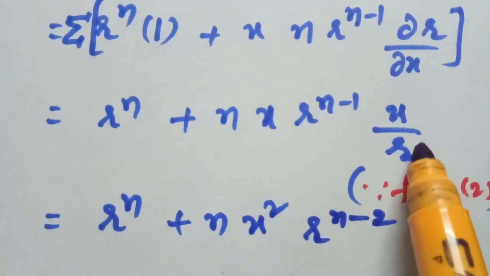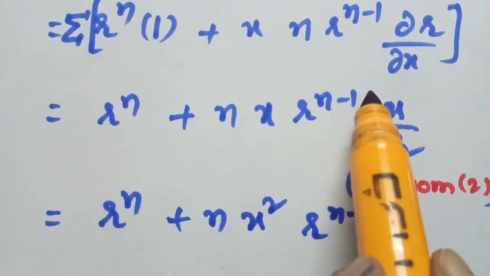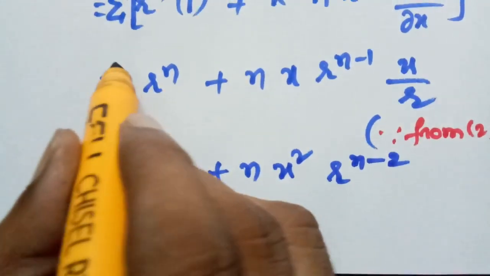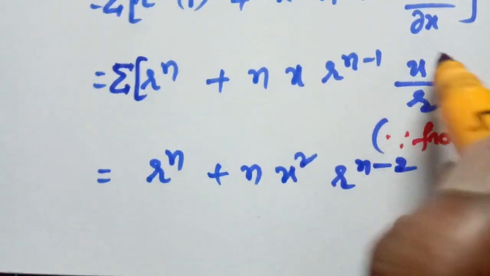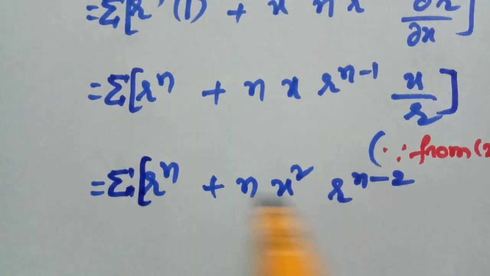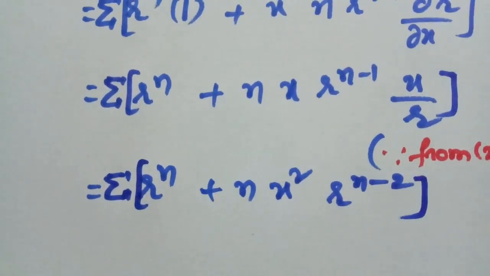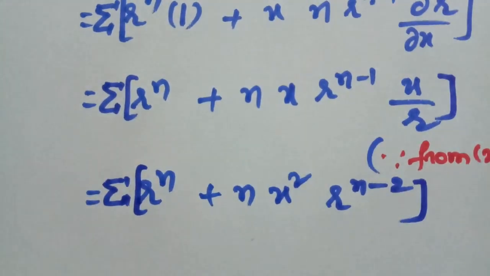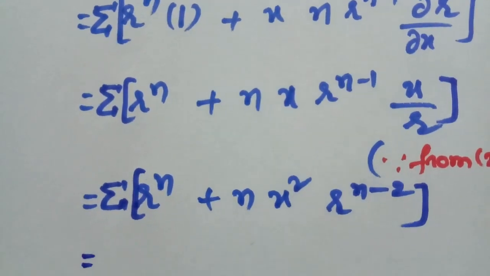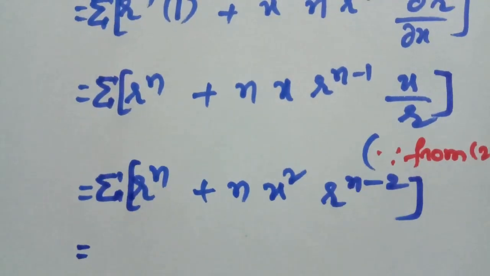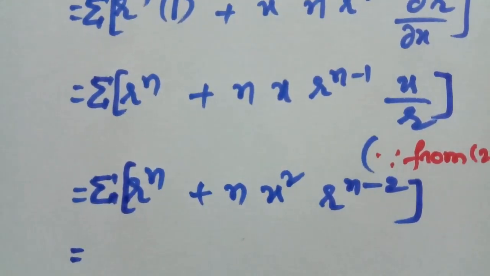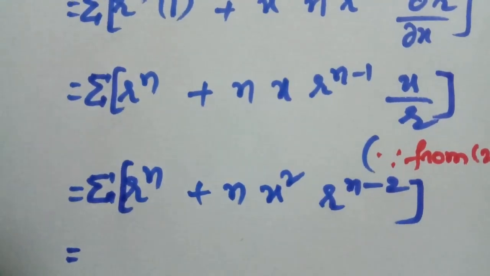R power 1 in the denominator becomes minus 1 in the numerator. Therefore, n minus 2. This is sigma of. We are simplifying only one term instead of simplifying all the three terms. For that, we are writing sigma. Therefore, now apply sigma to r power n. So sigma here, sum of the three terms. So r power n plus r power n plus r power n. Here three terms.